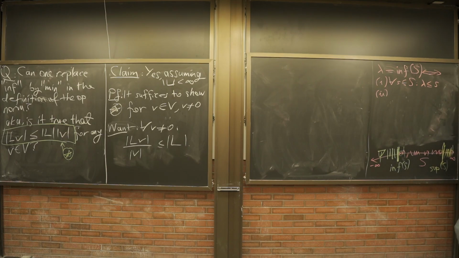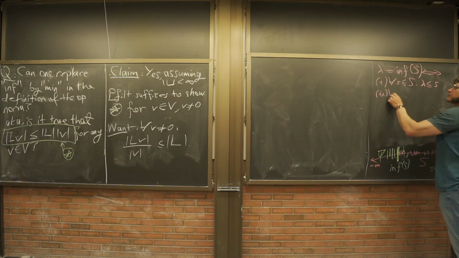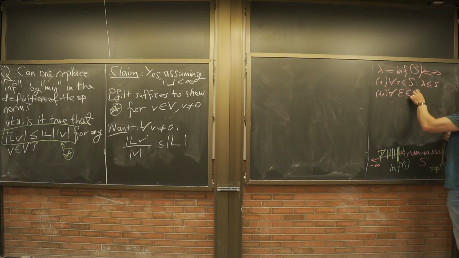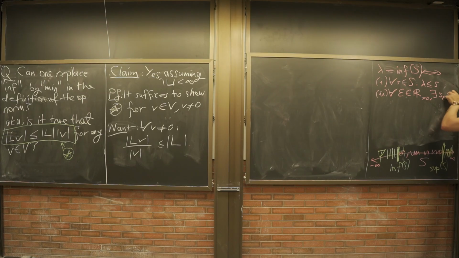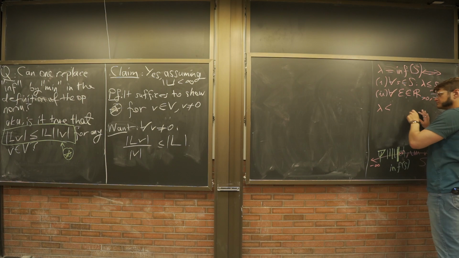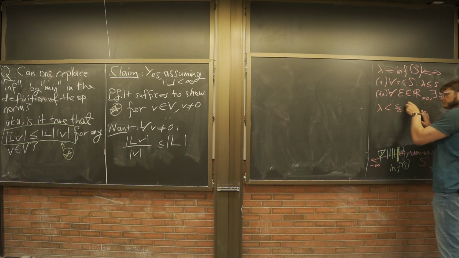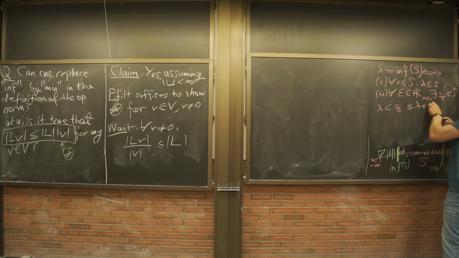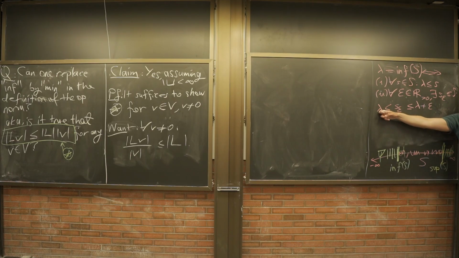And second of all, for any epsilon, there is some s sub epsilon in S such that s sub epsilon is between lambda and lambda plus epsilon. This was my best lower bound.